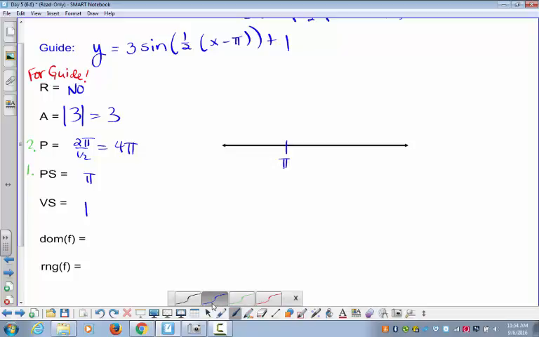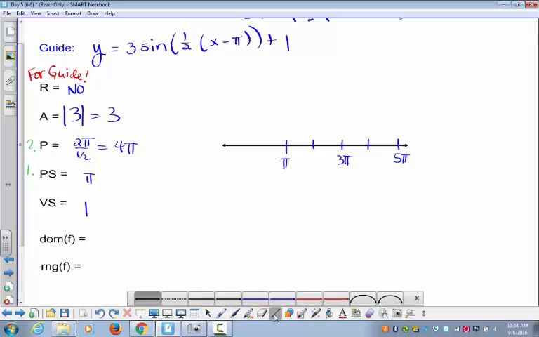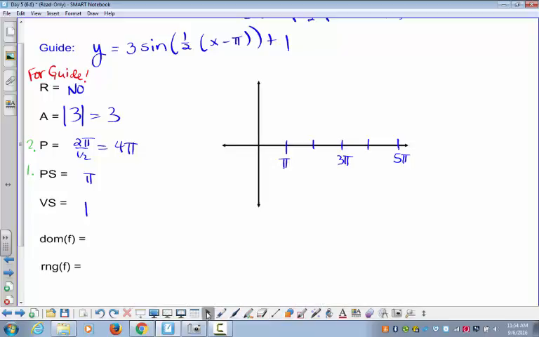So what's the right endpoint have to be? 5 pi. And for a sine or a cosine, we'll subdivide into 4. It looks like they're just pi apart, right? So 1 pi, 2 pi, 3 pi in the middle. So if they're all pi apart, we can stick in the y-axis pretty accurately there.